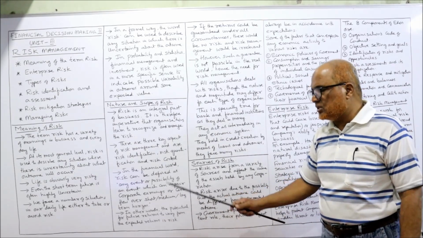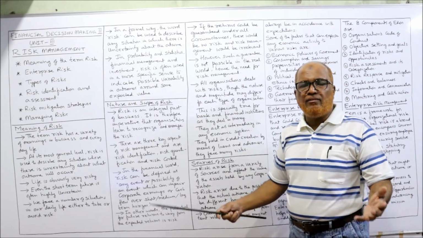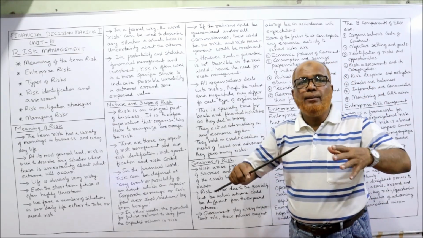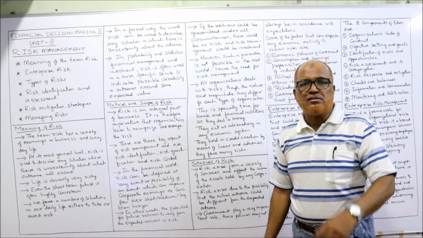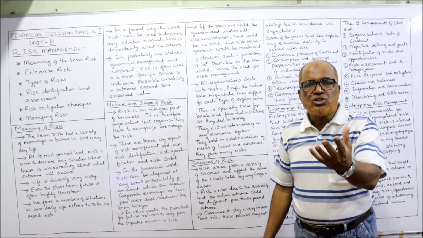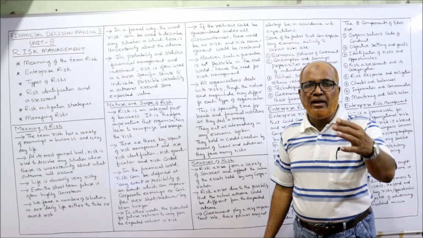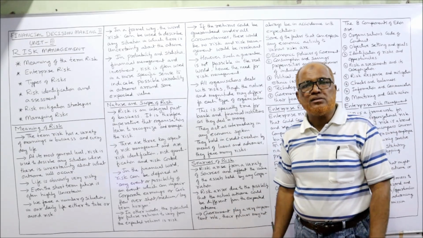Now concentrate on this. This is very important. So in financial world, risk means any event or the possibility of any event which will impair, which will disturb the corporate earnings, the corporate cash flows over a short-term time horizon or medium-term time horizon or long-term time horizon.